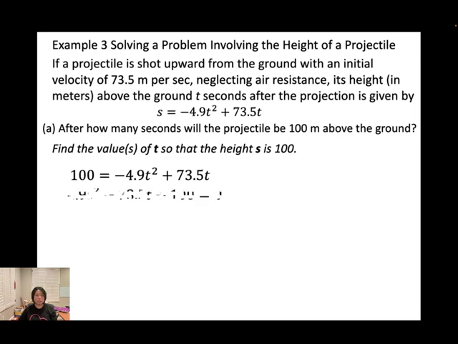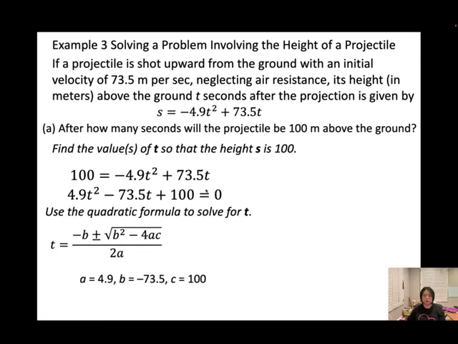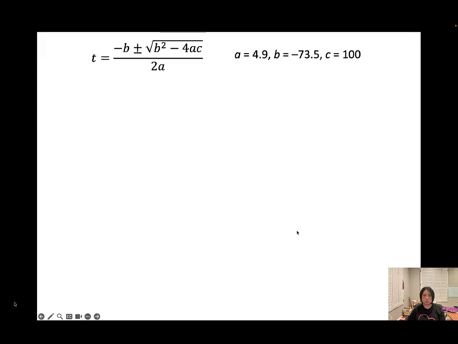Write it in standard form, and then use the quadratic formula to solve this equation. Plug it in: a equal to 4.9, b equal to negative 73.5, c equal to 100.